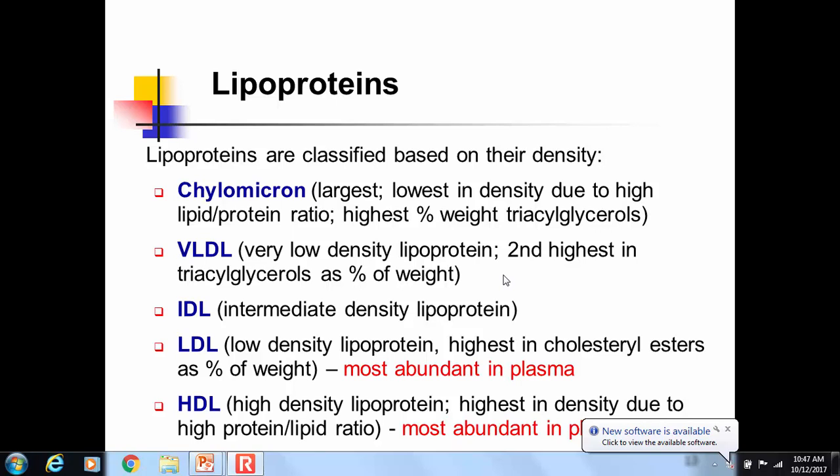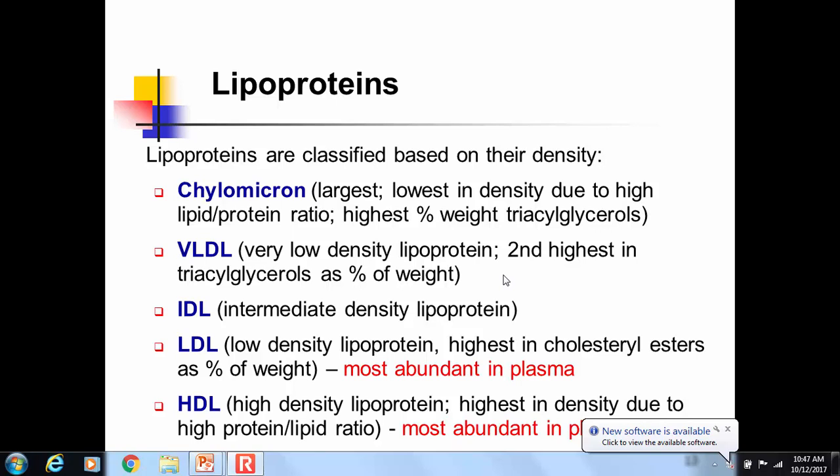And we also talked about the different types of lipoproteins and the structure of lipoproteins. A lipoprotein basically has a lipid core and a surface. The core lipids can have triglycerides or cholesterol esters, depending on which type of lipoprotein.